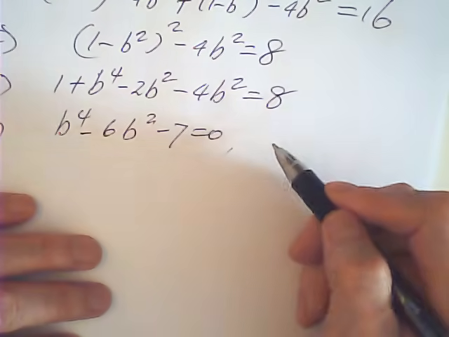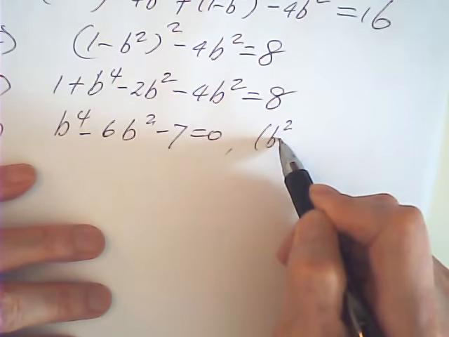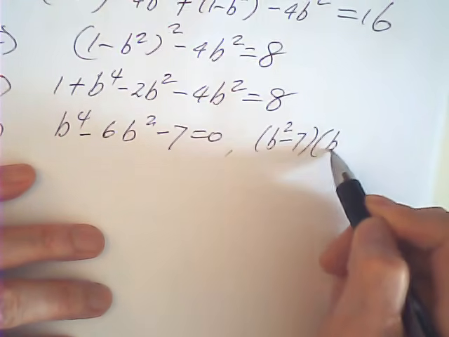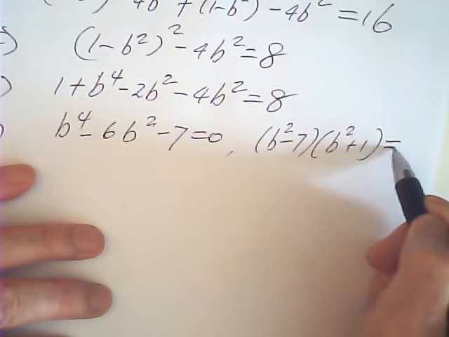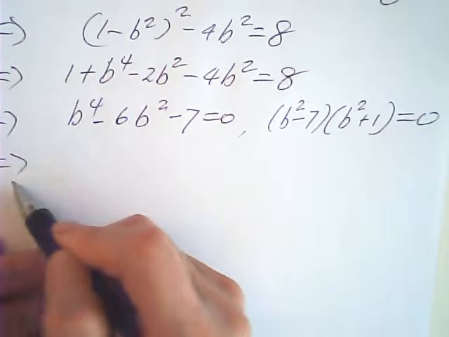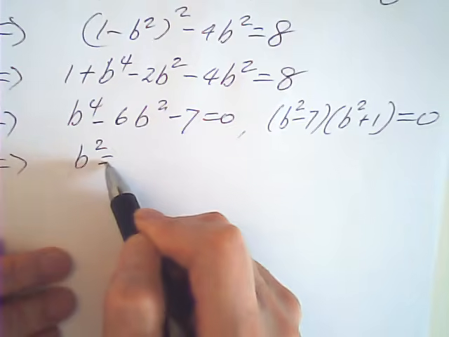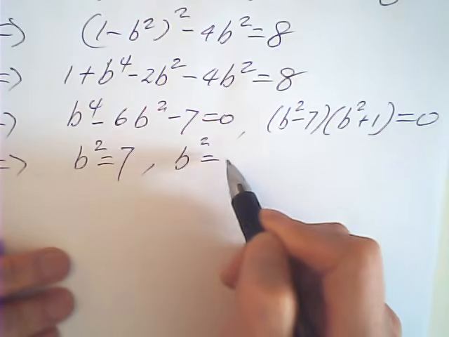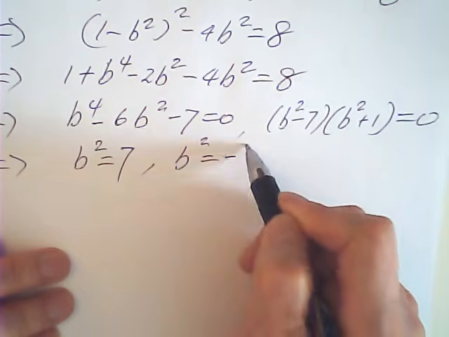That one's easy. This is (B square minus 7)(B square plus 1) equal to 0. Very good. So we have B square equal to 7 or B square equal to negative 1.